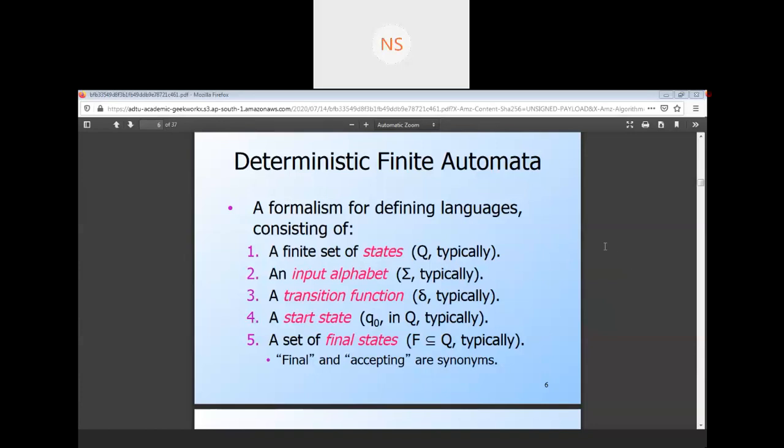This is a set, and from this particular set you have to find the power set. 2 to the power A is a symbol to represent the power set.